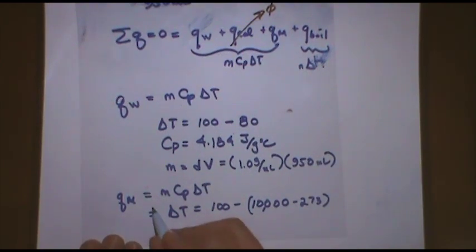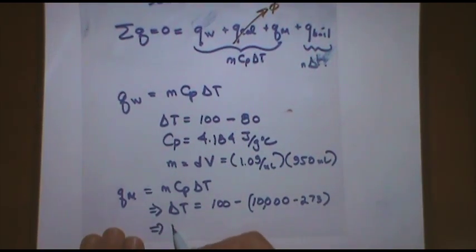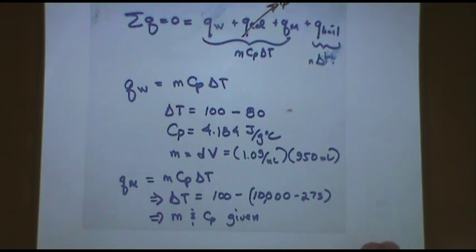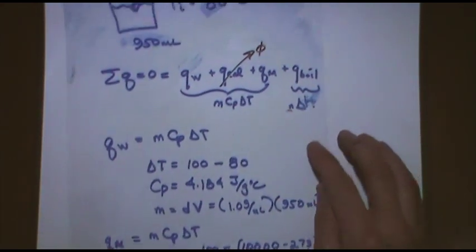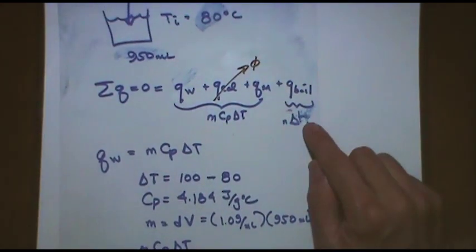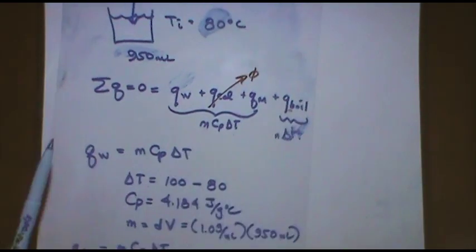Also, m and Cp have to be given. I just made it up, so I don't have those, but you would have the mass of the metal and the Cp of the metal given. Let's talk about now the last Q, the Q of boiling.